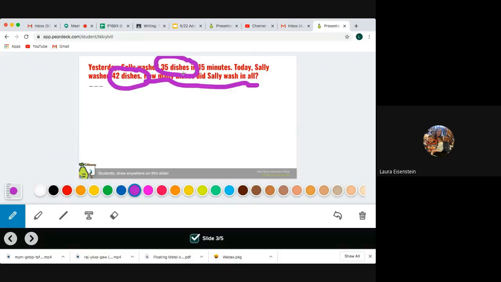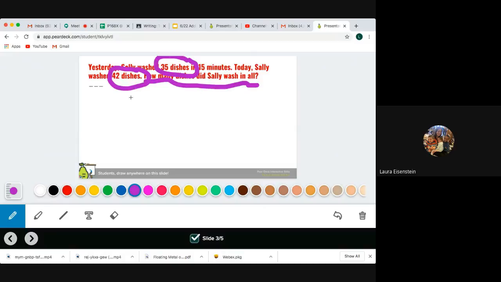This says that she washed the 35 dishes in 15 minutes, but I don't need to be adding this 15 minutes. It's irrelevant. It doesn't matter to the problem. So the only 2 numbers I'm working with are 35 dishes and 42 dishes, and they want me to add to figure out how many she washed in all.